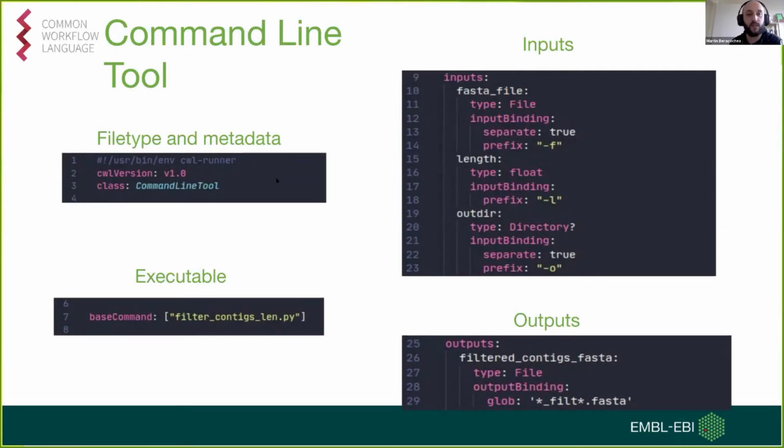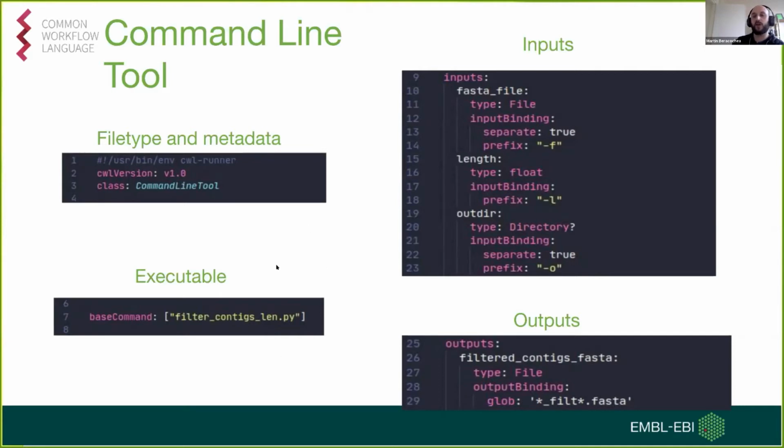Each command line tool that you write has to have a file type and metadata. Basically, you need to specify which version of the standard you are trying to use. Then you define, for a tool, that it is a command line tool. What is the actual executable file that this CWL wrapper is going to execute? In this case, it's just a Python script that is going to filter some contigs, apparently.